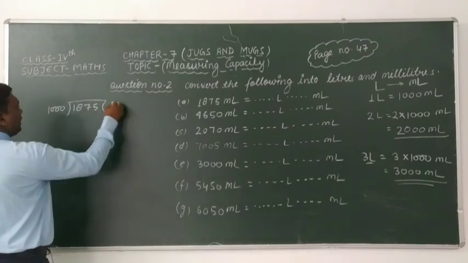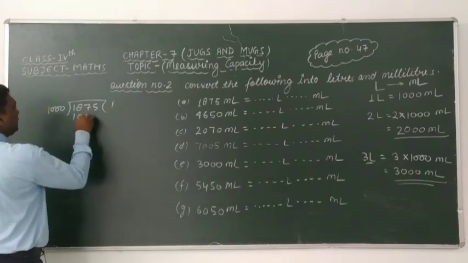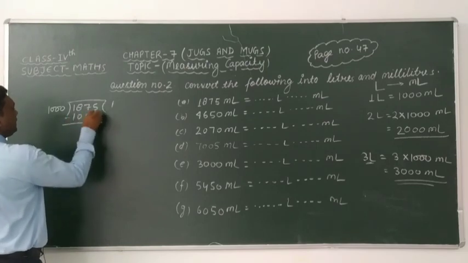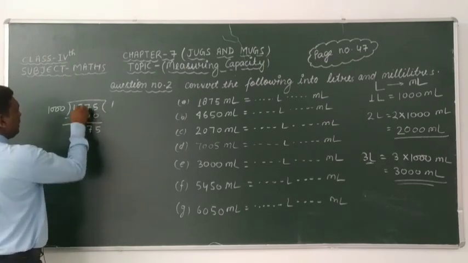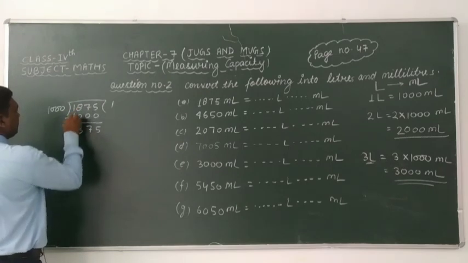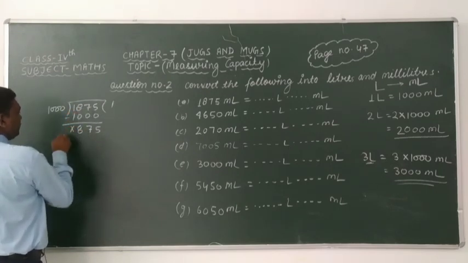Okay, 1000 1 ja 1000. After subtracting these, here we get 5 minus 0 is 5, 7 minus 0 is 7, 8 minus 0 is 8, and 1 minus 1 is 0.